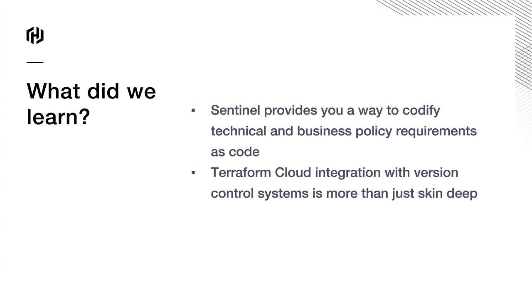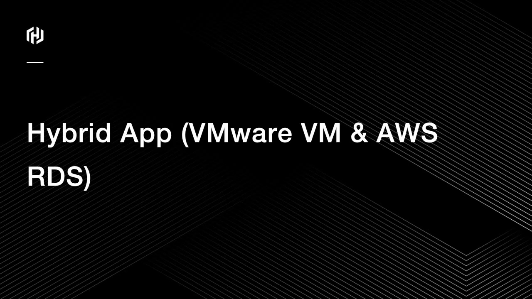So, one of the things that we can also use Sentinel with is to enforce the way we write security policies, right? And I'm just going to share my screen. There we go. Now what we're going to do now is deploy our security rules on VMware Cloud.